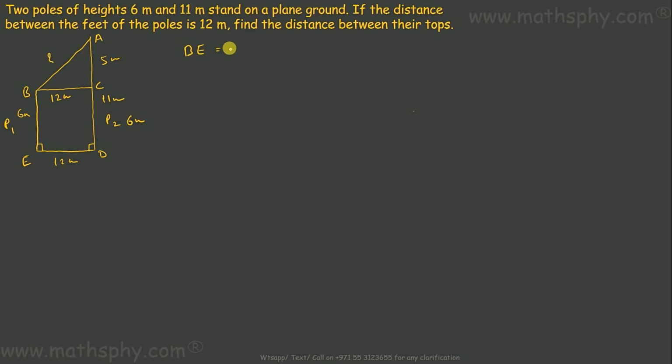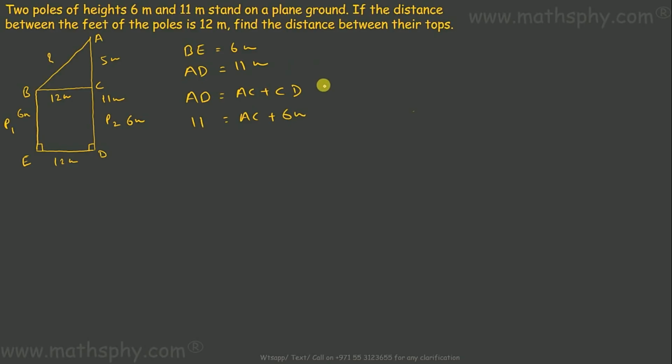BE is 6 meters. AD is 11 meters. And AD is equal to AC plus CD. 11 is equal to AC plus CD is 6 meters.